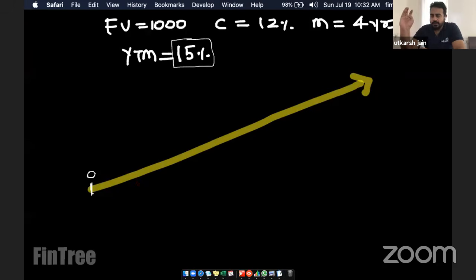So how are you going to do it? 1000 future value, 120 payment, 4 N, 15 IY, compute present value. Right, so you're getting 914.35.